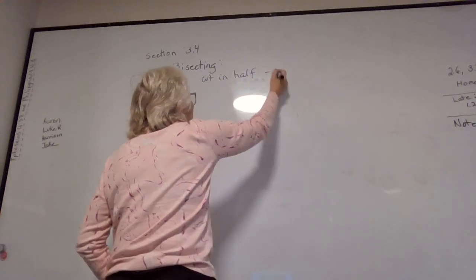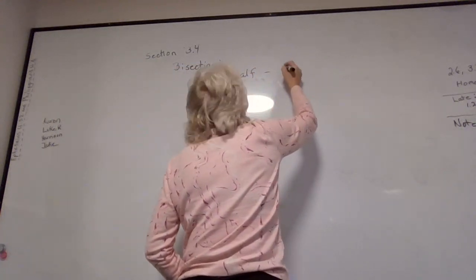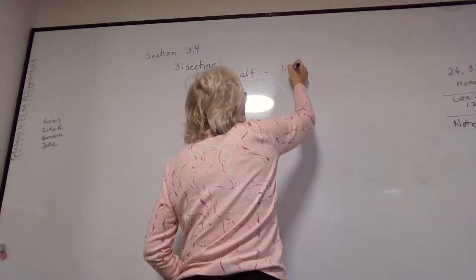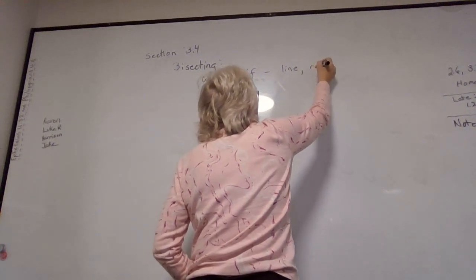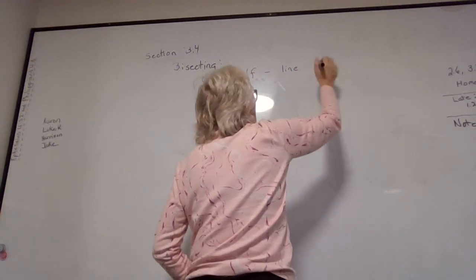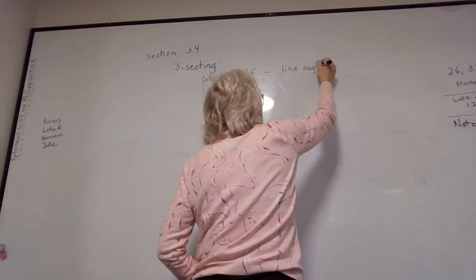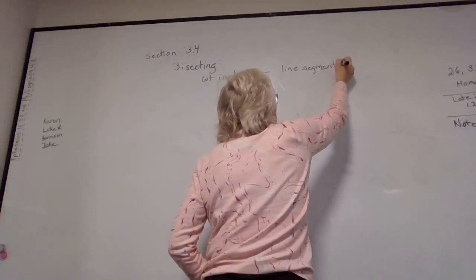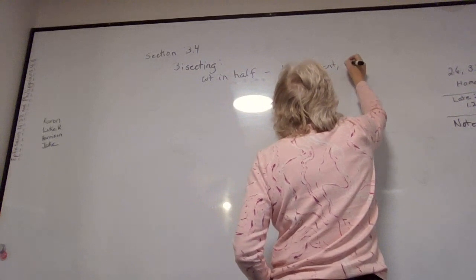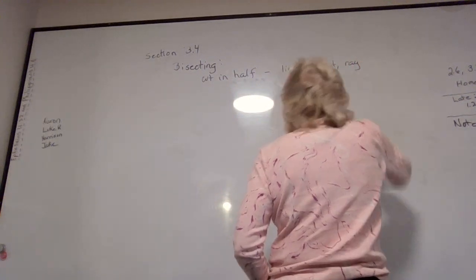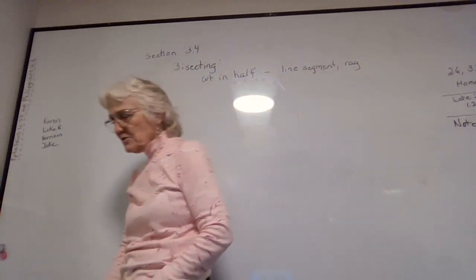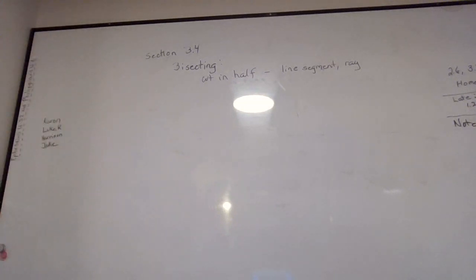And we have learned so far to do the line segment and a ray. You cannot cut a line in half. You can only cut a line segment in half, and then you can cut a ray in half. Those are the two that we have used.